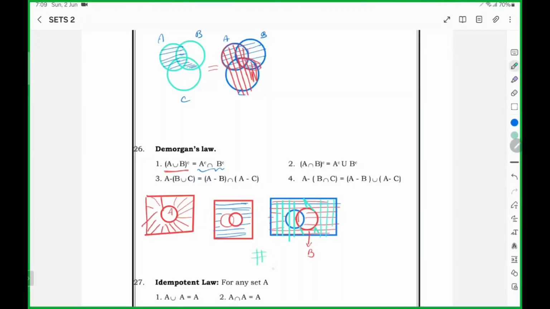That is, A complement intersection B complement is the same as A union B whole complement. Similarly, when complement is there, union changes to intersection, intersection changes to union. Here minus is there, union changes to intersection. Where minus intersection is there, it changes to union.